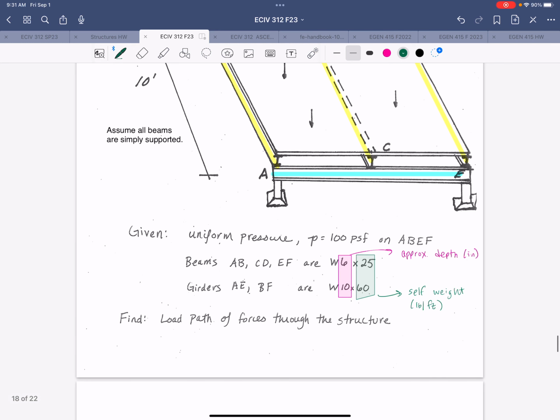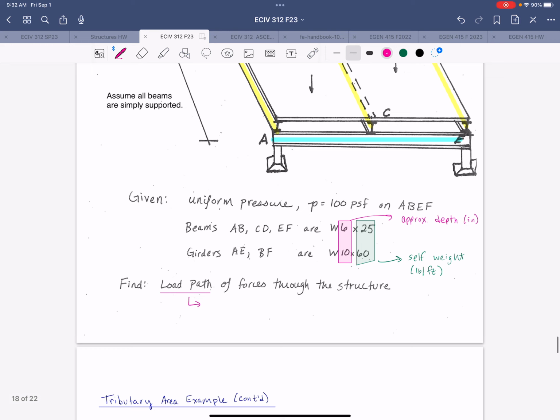And we're asked to find the load path of the forces through this structure. When you're asked to find the load path, that means you need to report the correct loading on each member and show it on free body diagrams. That includes the correct magnitude, direction, distribution, and units.